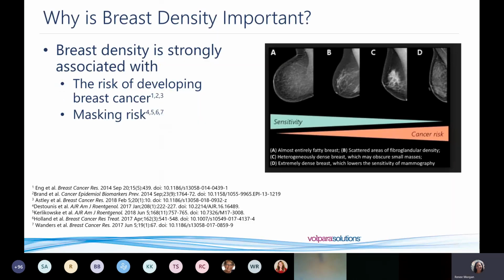We'll start to talk about the importance of breast density. Well, why is it important? Breast density is strongly associated with the risk of developing breast cancer and masking risk, and several research studies have reported on this, where we see here a nice illustration of as the breast density increases, so does that cancer risk, and we see that sensitivity decreases as breast density increases.